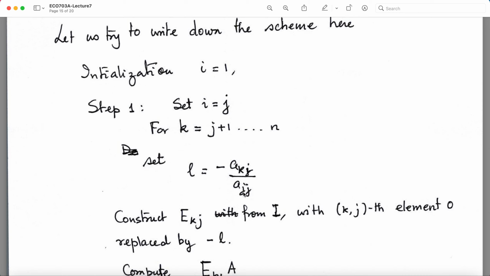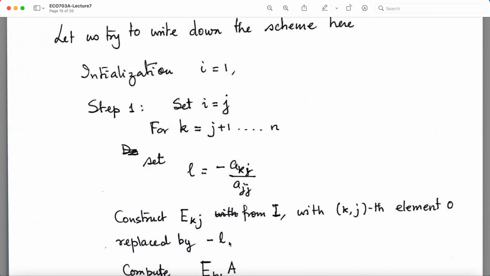So for the first row, you are multiplying. So K equal to J plus 1 to N. So AKJ by AJJ, A21 by A31 minus A21, A31 by AJJ. This is what would be the value of L, right? So construct EKJ from I with the kjth element 0 replaced by minus L, because the kjth element in I can never be 1, it is always 0. Only the jjth element, or kkth element, is 1, right?